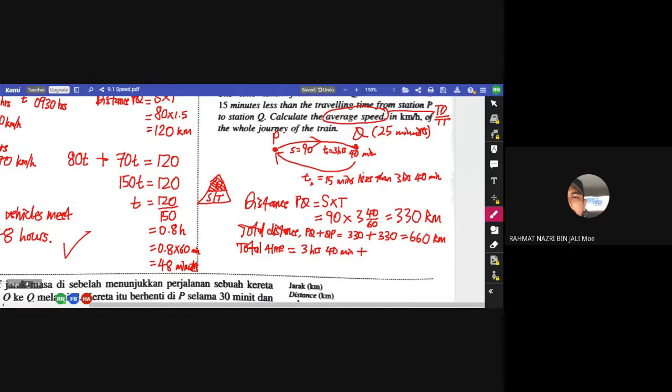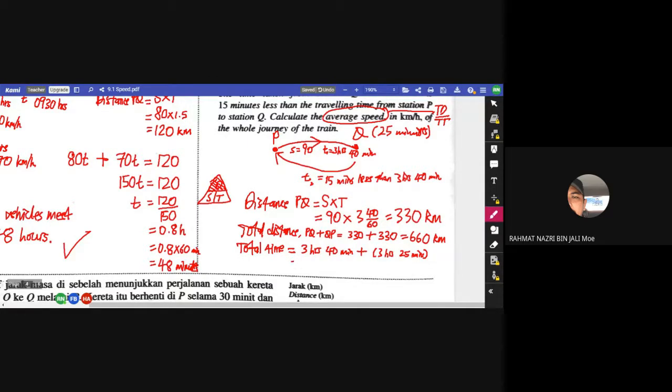The time from P to Q, which is 50 minutes less than 3 hours 40 minutes, is 3 hours 25 minutes. This is the time from Q to P.